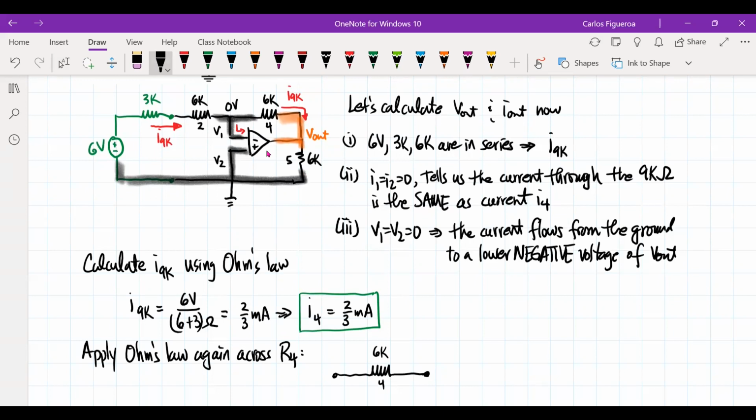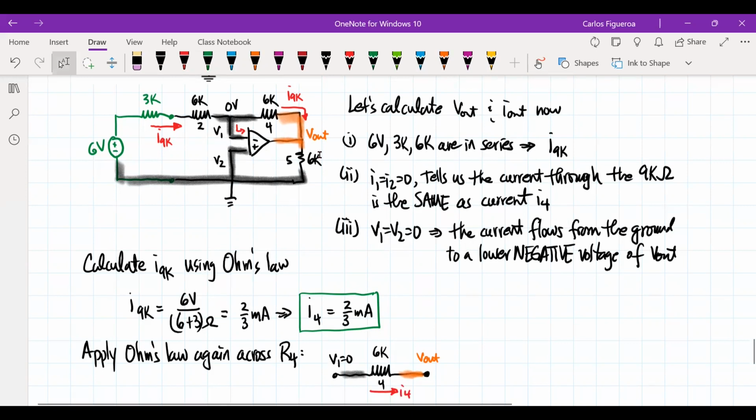And we know that this node right here is Vout. And we know that this node right here, which is V1, is ground. So now, according to Ohm's law, we know that this current here is this current I4 going through there.